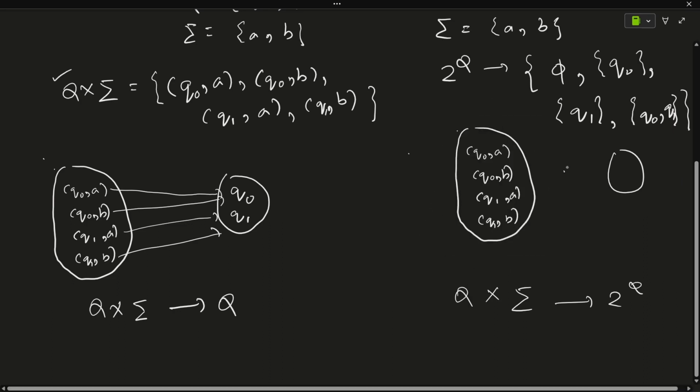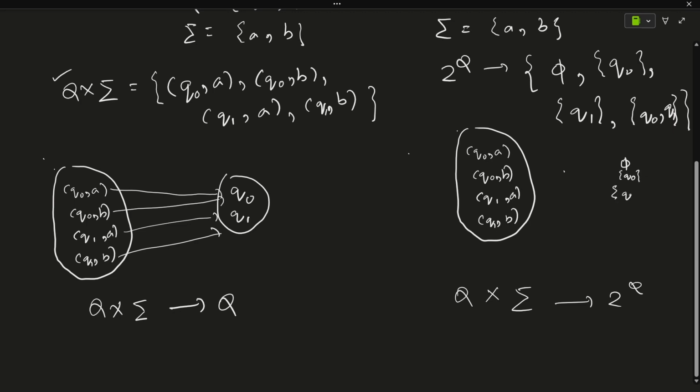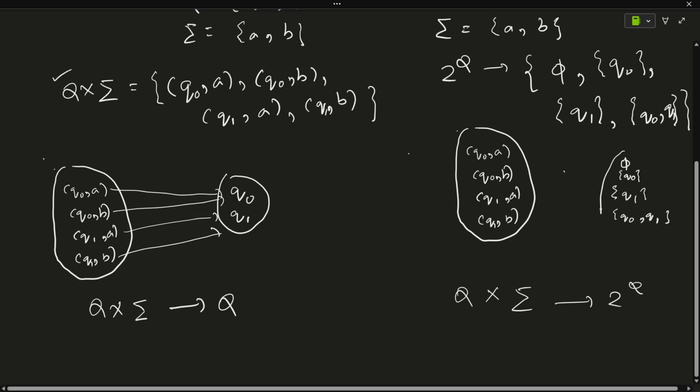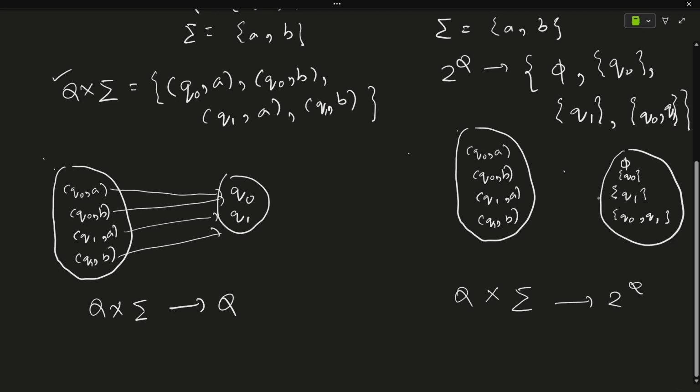So what will it be? What are the power sets? Phi, Q naught will not be there, then Q naught, then actually it's Q1, Q naught Q1. These are the power sets of Q.